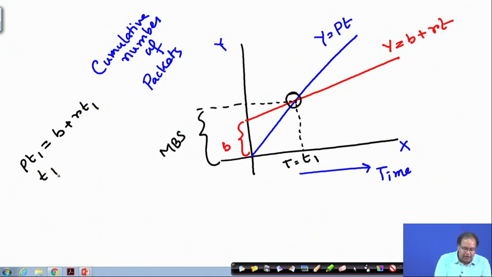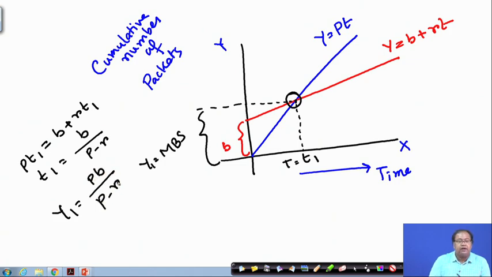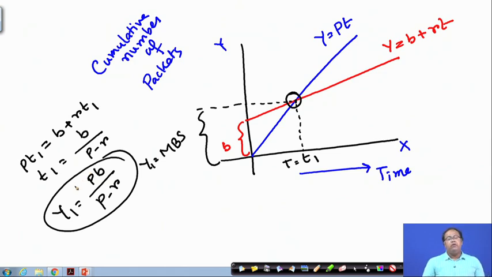From there you can find T1 equal to B by P minus R. Now, putting this value of T in any of these equations, if I write y1 equal to MBS, y1 will be PB by P minus R. This quantity will give you the maximum burst size that can happen in case of a token bucket algorithm.